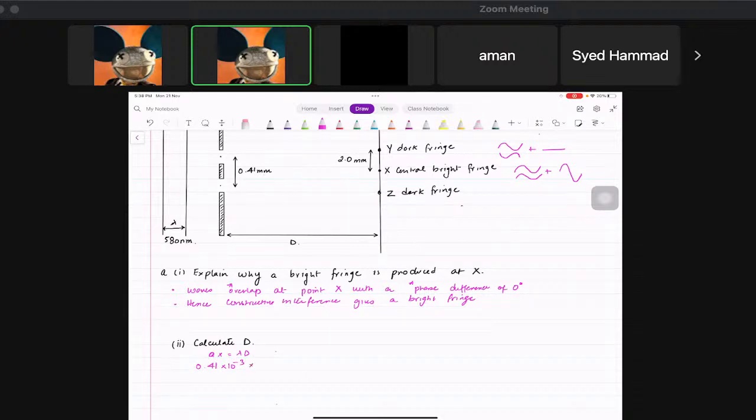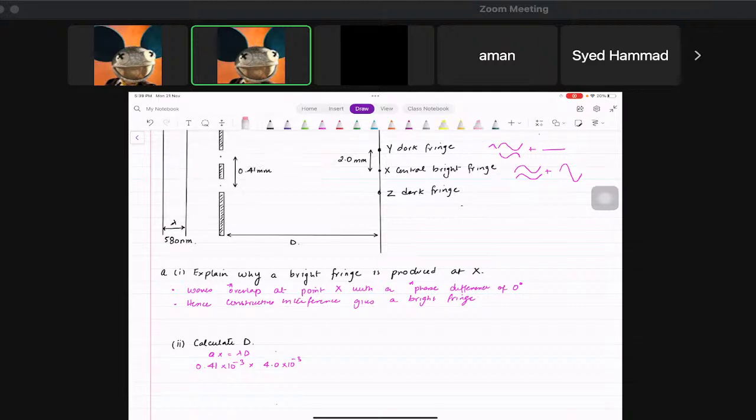X is, because now it's giving us bright to dark, so x must be from Y to Z, because it's either dark to dark or bright to bright. So x is going to be 4.0 times 10 raised to minus 3, because we want the distance from here till here, like that. Is that clear?